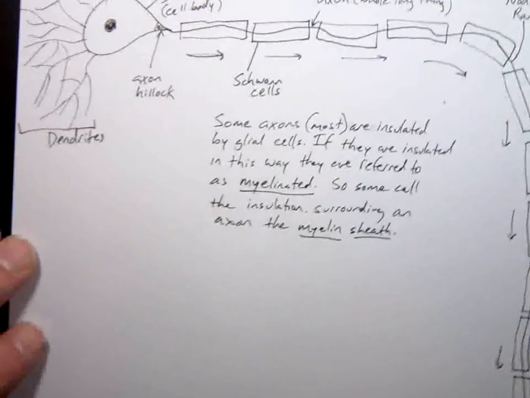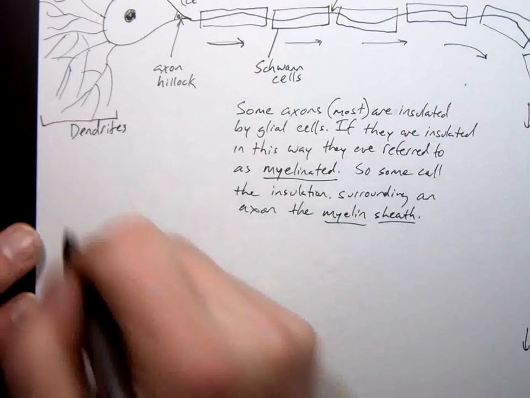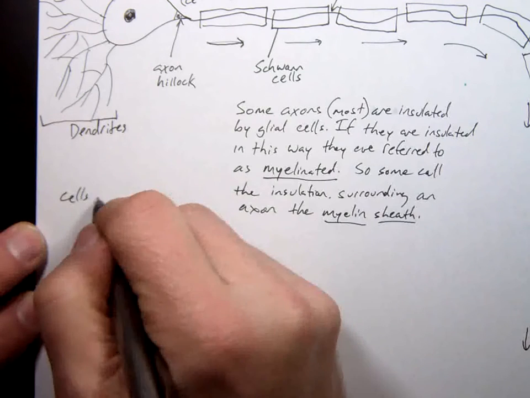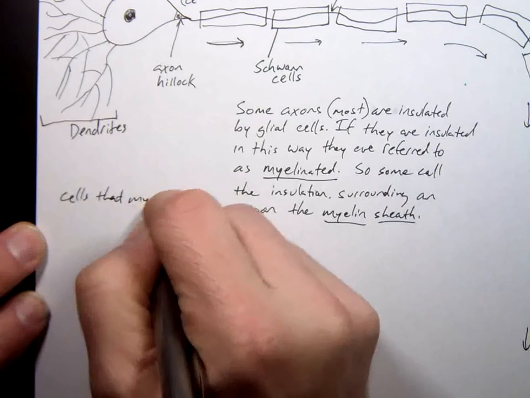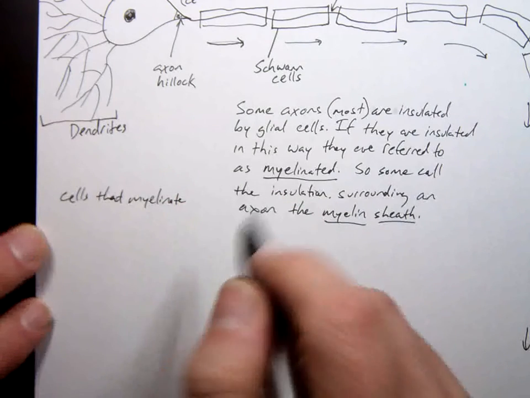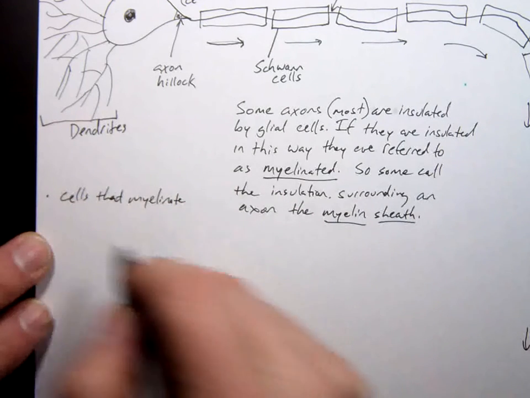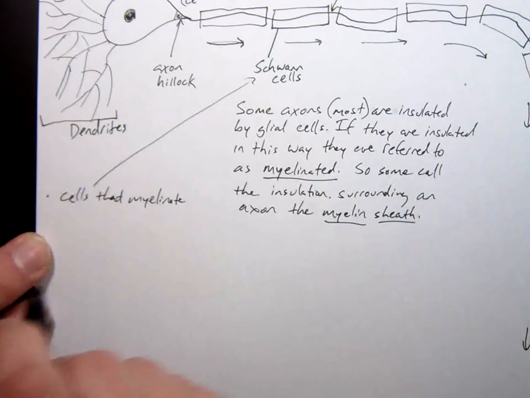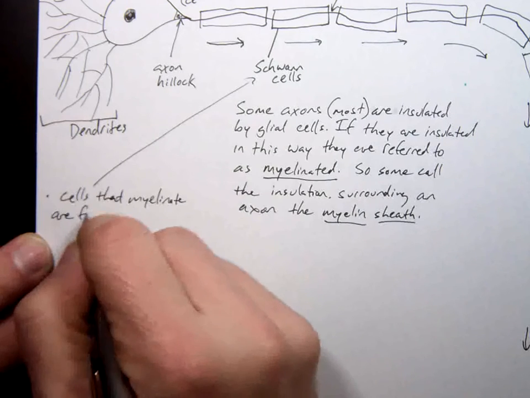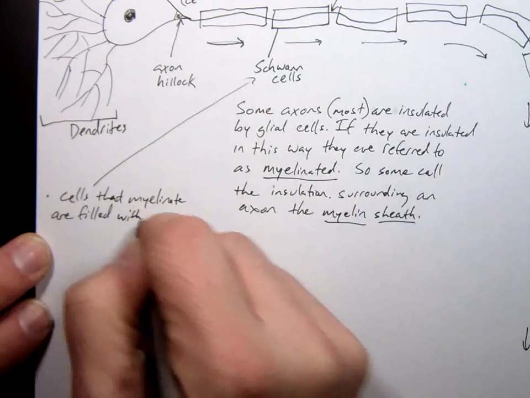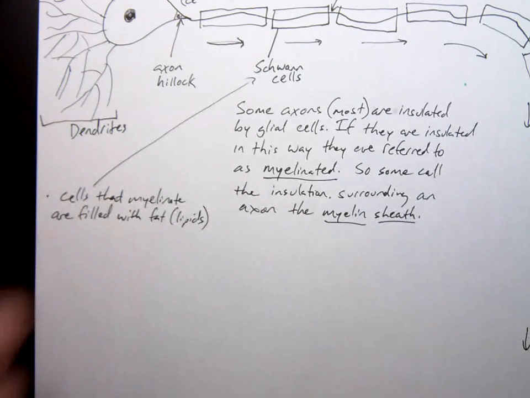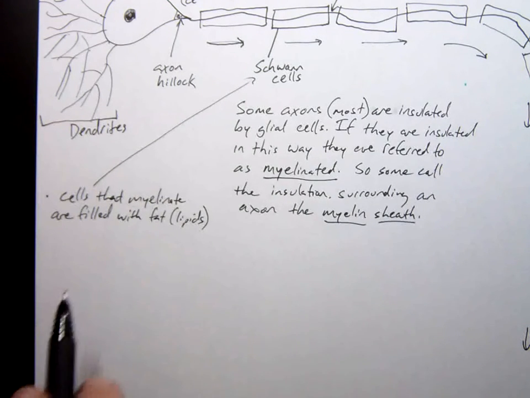So cells that myelinate, like this guy right here, are filled with fat or lipids, much in the same way that your adipose tissue is stored. There's a big vacuole and they're loaded down with this stuff, filled with lipids, okay?